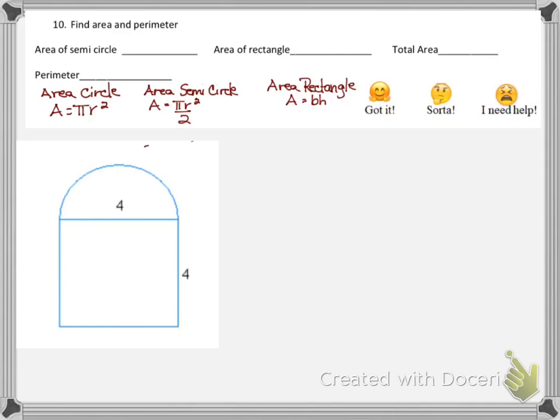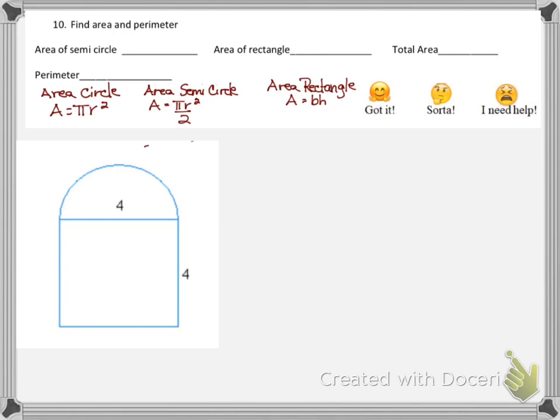And so the formulas that we're going to be using are the area of a circle, area of a semicircle, and area of a rectangle. Now, you notice that the semicircle is half a circle. So that's the reason why we have area equals pi r squared divided by 2.